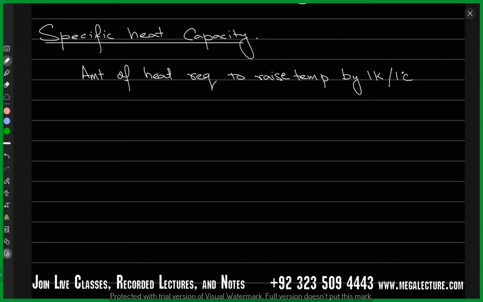So we'll say of how much mass. So the amount of heat energy required to raise the temperature by 1 Kelvin of a mass of 1 kilogram. Or 1 kilogram is again just an example of the unit. You can say of unit mass, and I'll tell you what I mean by that.